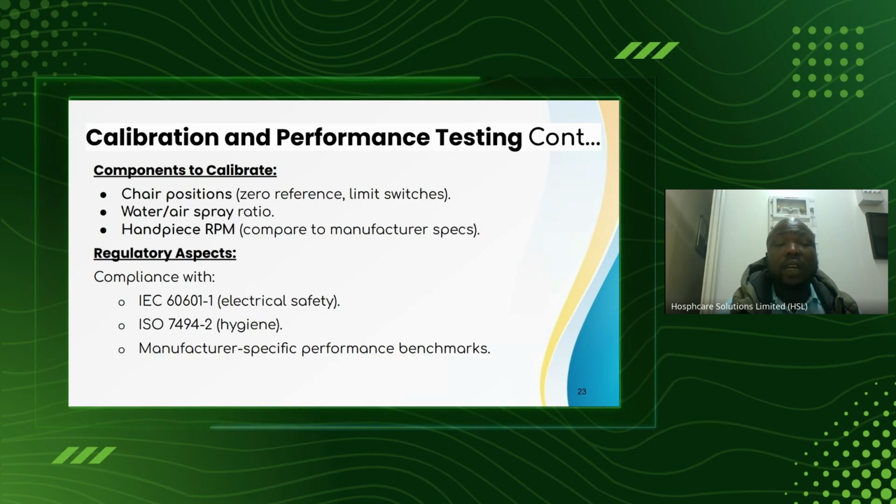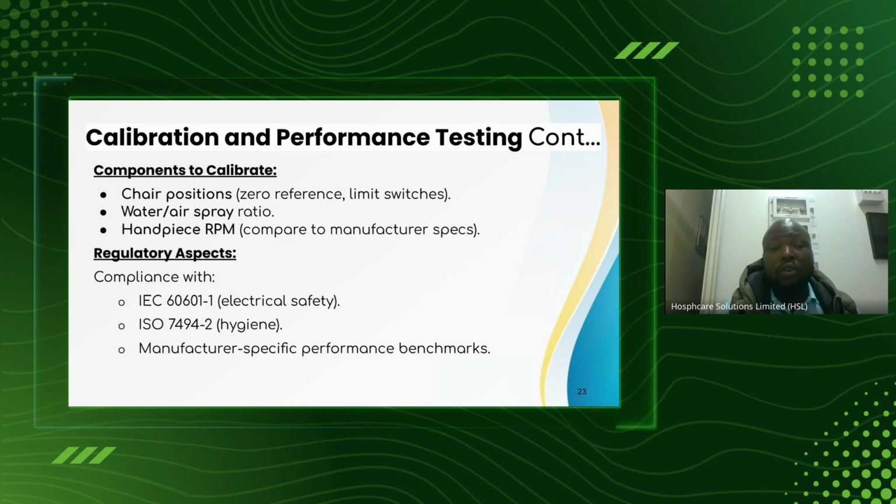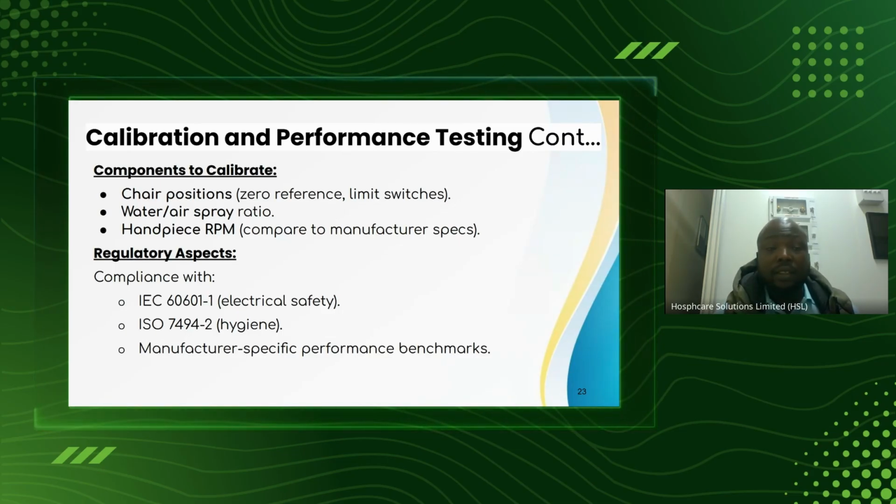We can calibrate water. As I said, the tumbler filler is a way you can set the level of the water filling in the tumbler. A single press on the control panel will give the exact measurement of water the patient needs to gargle. We can also calibrate the handpiece revolutions per minute by the handpiece control gauge.